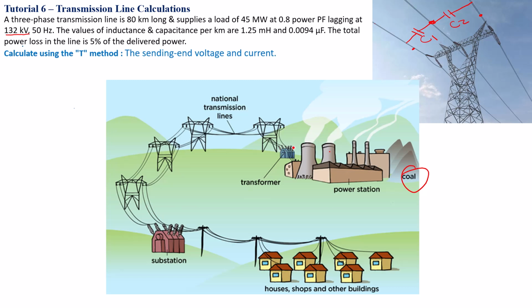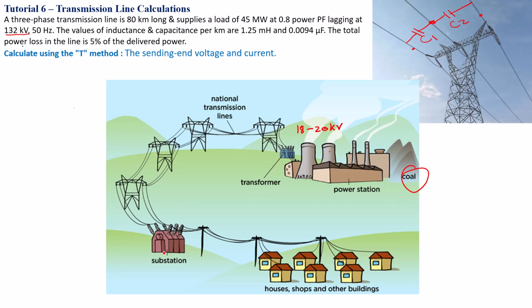Then at the generator output here, we're not producing 132 kilovolt. No. We are producing somewhere around 18 to 20 kilovolt, depending on the type of generator they are using. Then this voltage is stepped up for the transmission line.